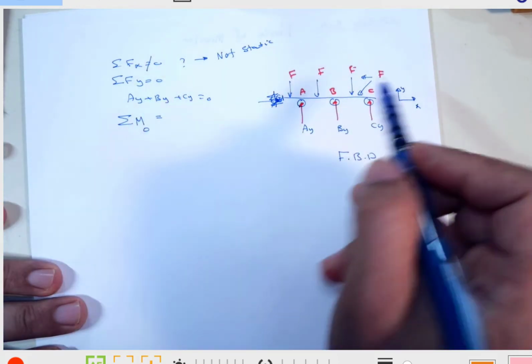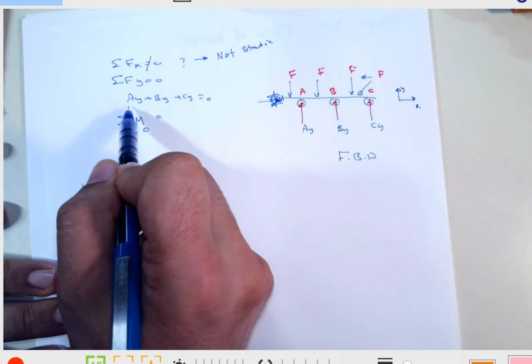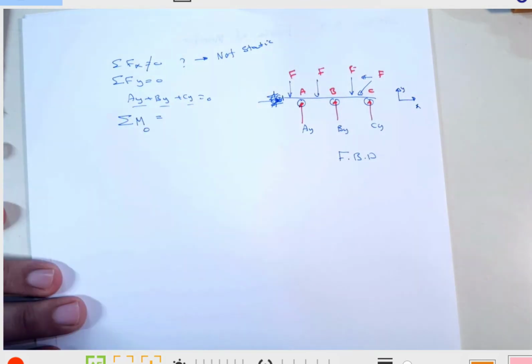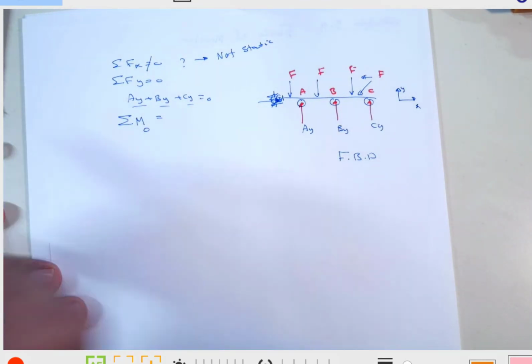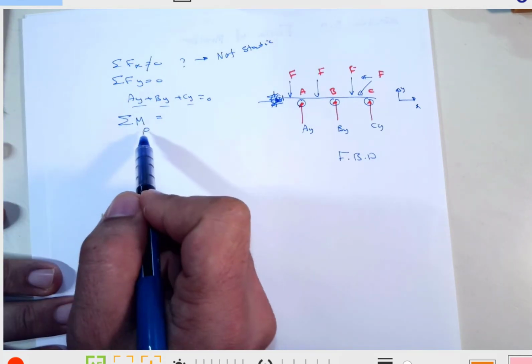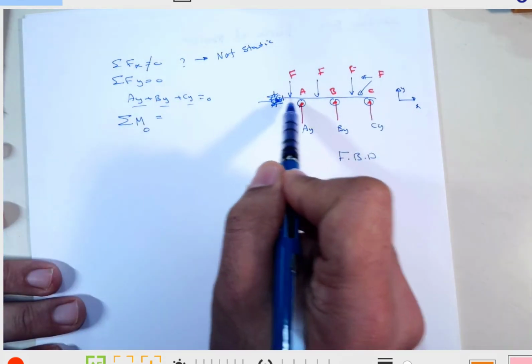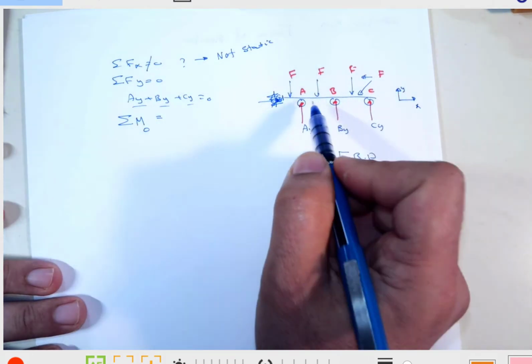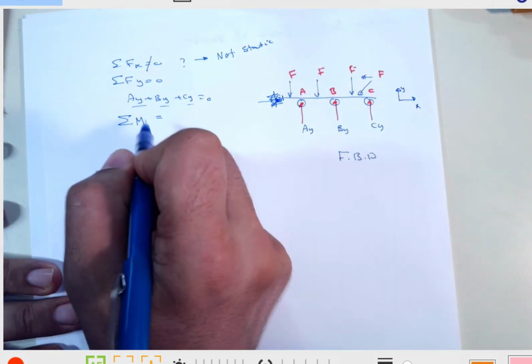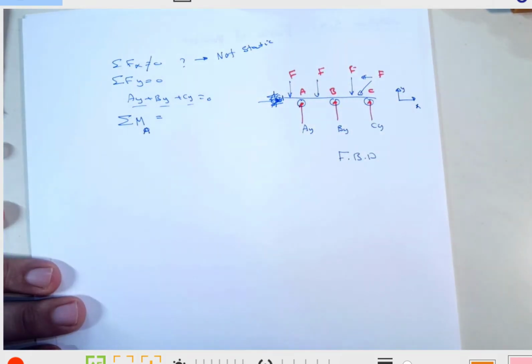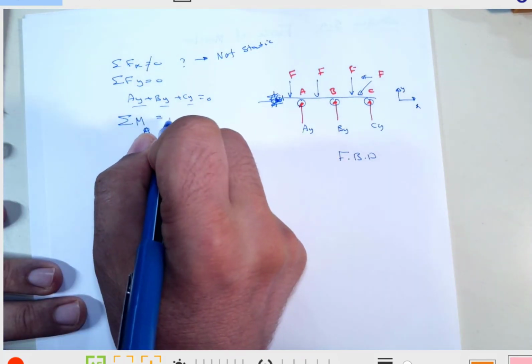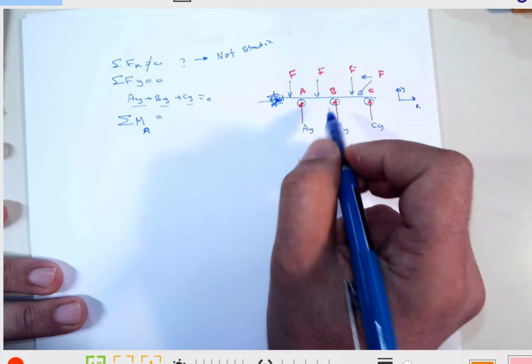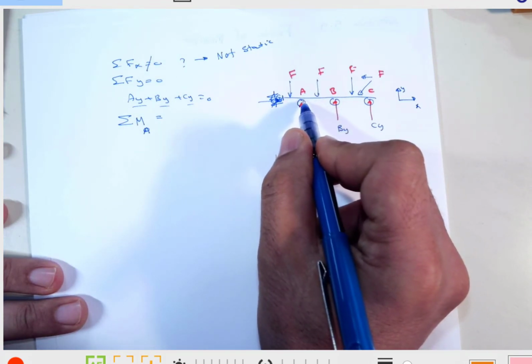Applying the forces in y will lead us to one equation with 3 unknowns. Applying moment about any point here, and we can choose, for example, A, B, or C. Let's say I choose A, that will give me another equation. So 1, 2, 3.